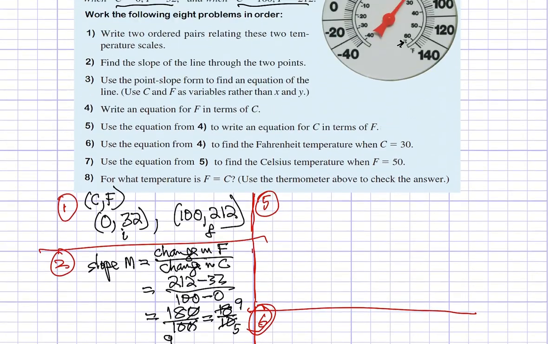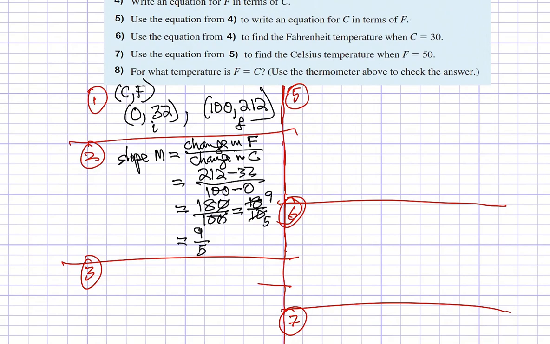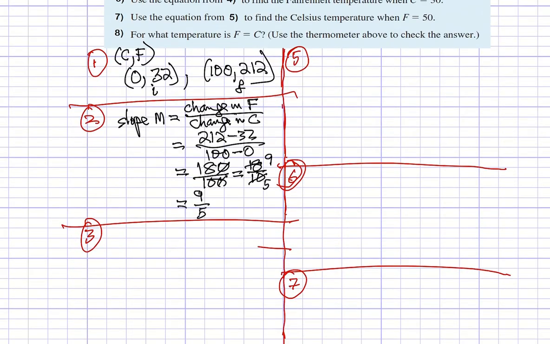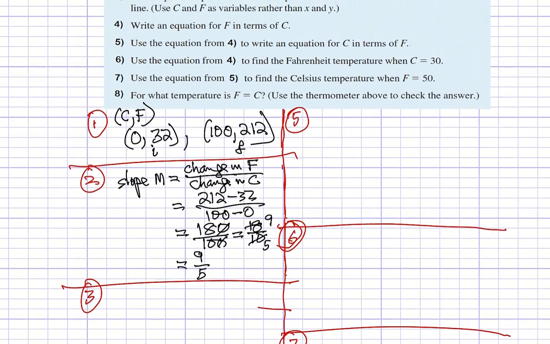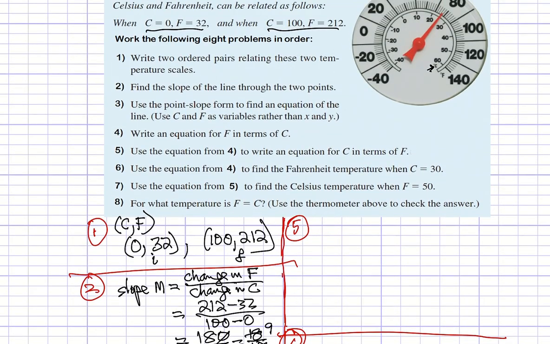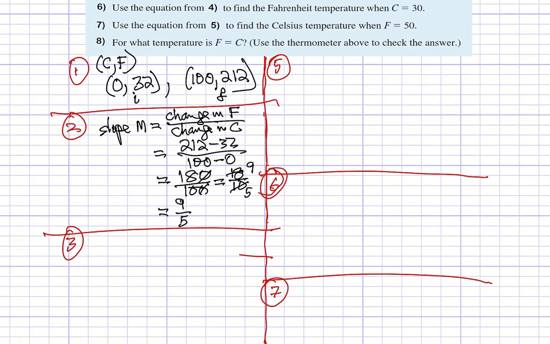With the slope, what they want us to do in number 3 is use the point slope form to find an equation of the line. Use C and F as variables rather than X and Y. So they want us to use C. Remember, normally when we do this, let me write it in red, then I will translate to what they want.